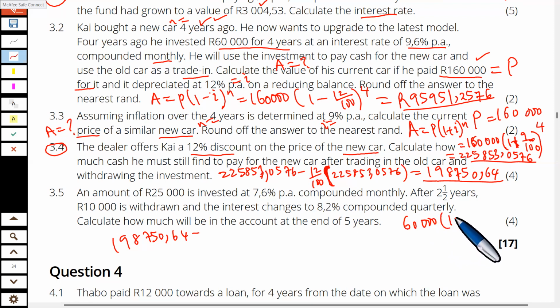One plus 9.6 over 100, which is 9.6%, and then raised to the fourth power.